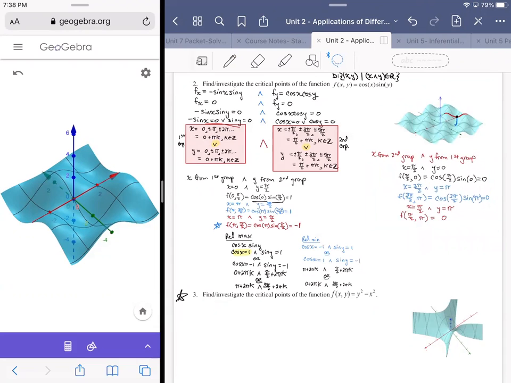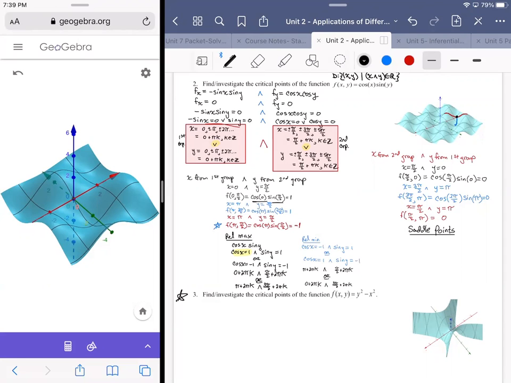Now, I mentioned before that we definitely needed to figure out a way to determine that we are actually coming up with the relative max and min values. All right, what we have here are saddle points, right? Because they're neither the highest nor the lowest points, yet they're still critical values.